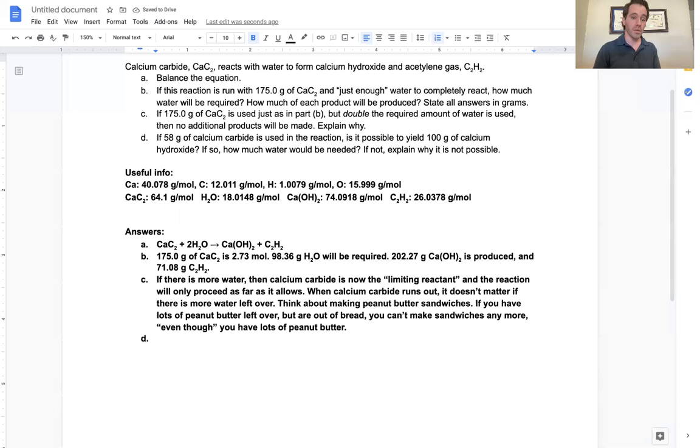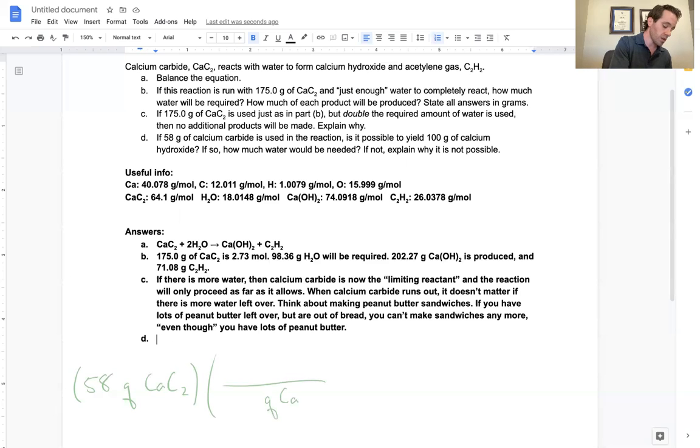If 58 grams of calcium carbide is used in the reaction, is it possible to yield 100 grams of calcium hydroxide? So let's look at this. 58 grams of calcium carbide. And the question is, is it possible to yield 100 grams of calcium hydroxide? I'm going to convert this first into moles.